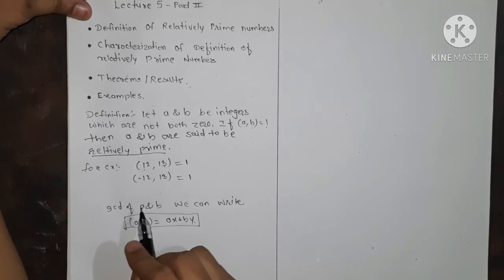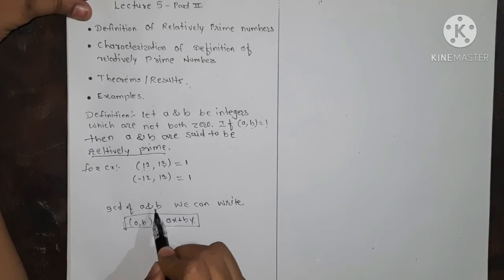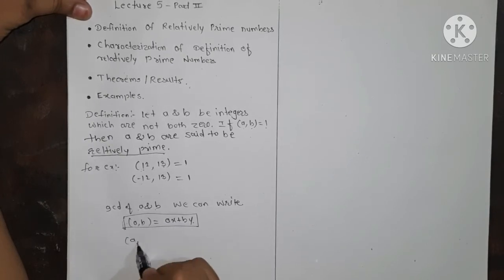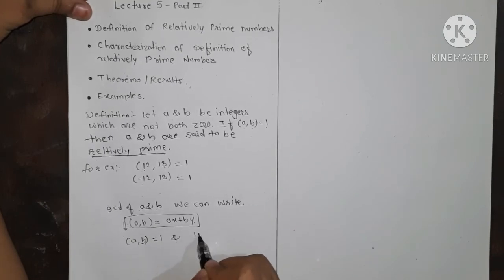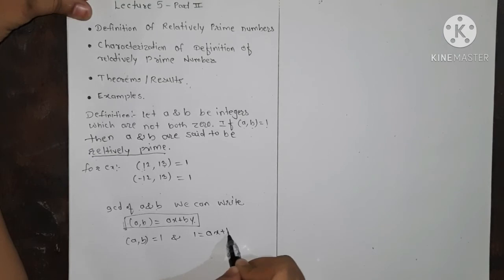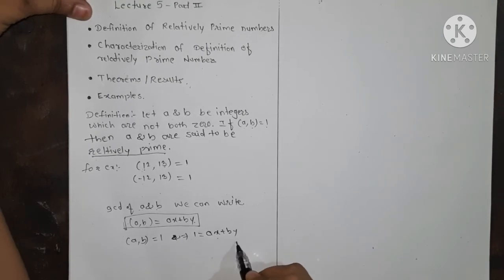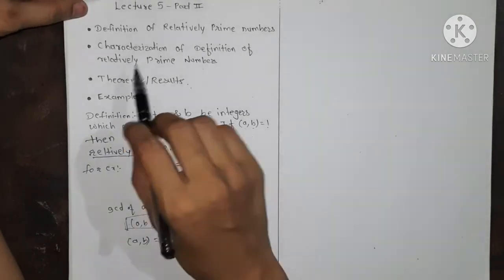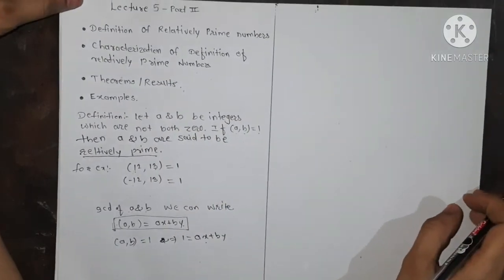If the numbers a and b are relatively prime, then the GCD of a comma b is equal to 1, and hence 1 equals ax plus by. So we see the characterization of the definition in terms of the theorem.